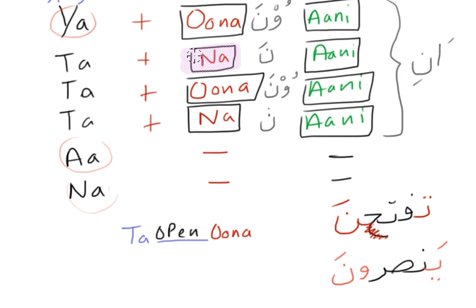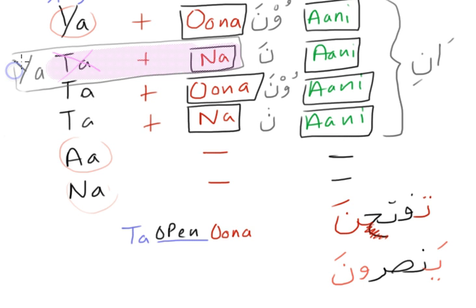Instead of having a ta at the beginning and a na at the end, we actually have a ya. This is a unique case, where instead of mentioning ya, we replace that with a ya, and that is only for this case.